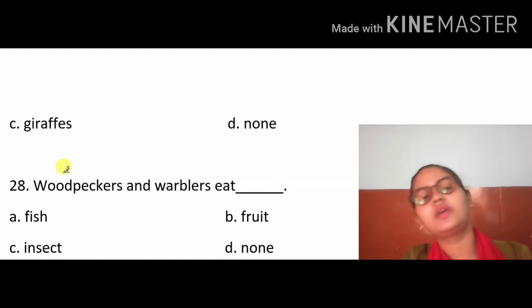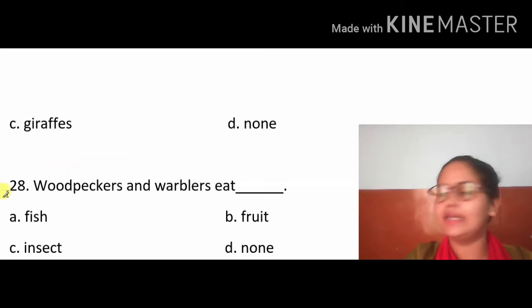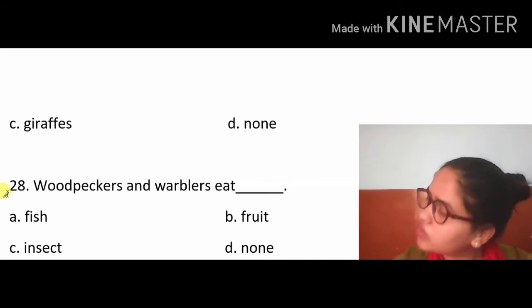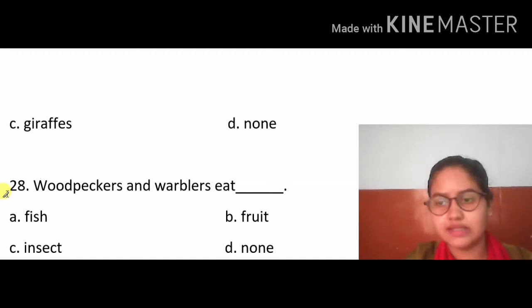Right. Now here we are on woodpeckers and warblers eat dash. What do they eat? As we are learning about the birds' eating habits, you can see woodpeckers and warblers. They are insect eating birds. On page number 67 is your answer.